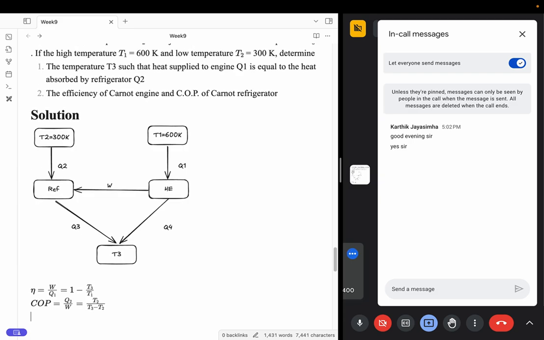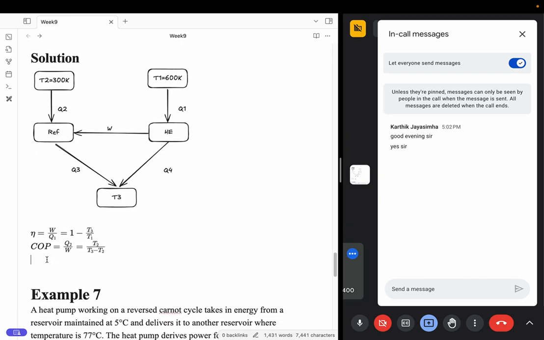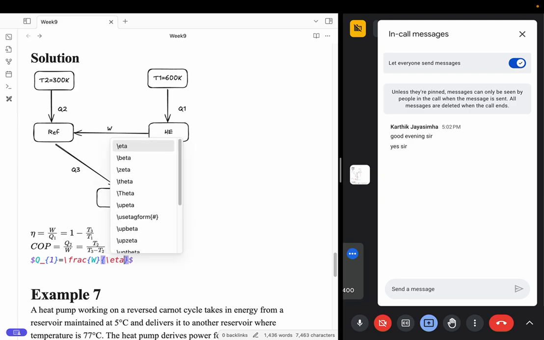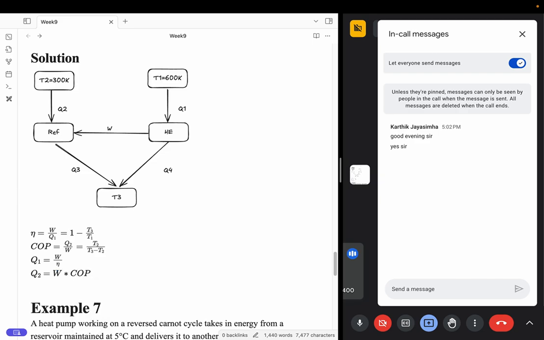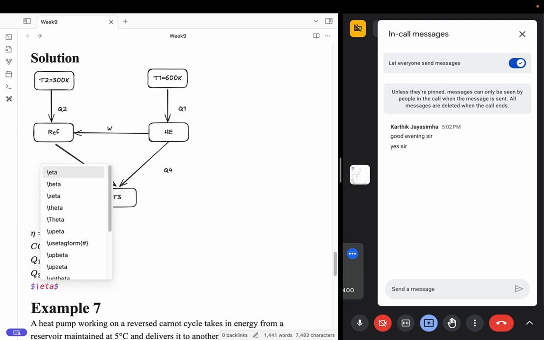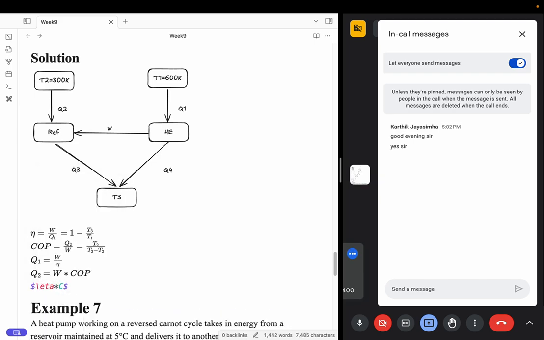And Q1 is W by eta, and Q2 is W times COP. And we are saying Q1 equals Q2, which means eta times COP is 1.